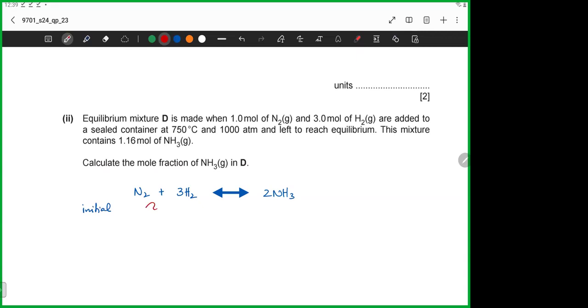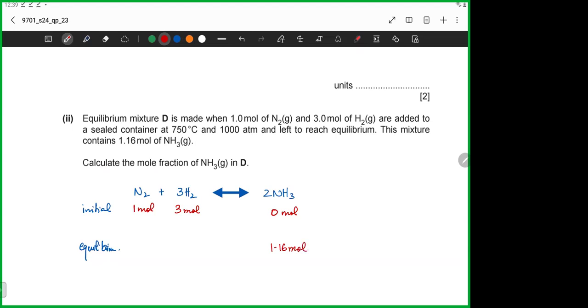He adds 1 mole of N2, 3 moles of H2, and there's no NH3 initially. Then at equilibrium, you've got 1.16 moles of NH3.